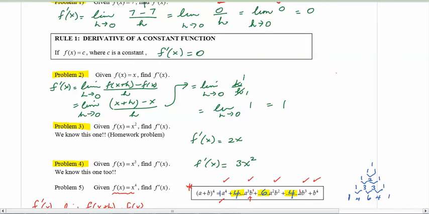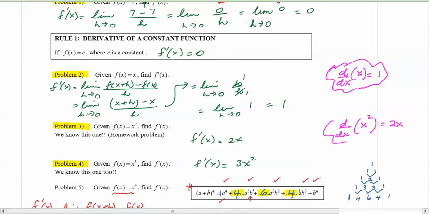What do we see? If I differentiate x with respect to x, I get 1. Okay, let's look at the next problem. That says if I differentiate x squared, I get 2x.